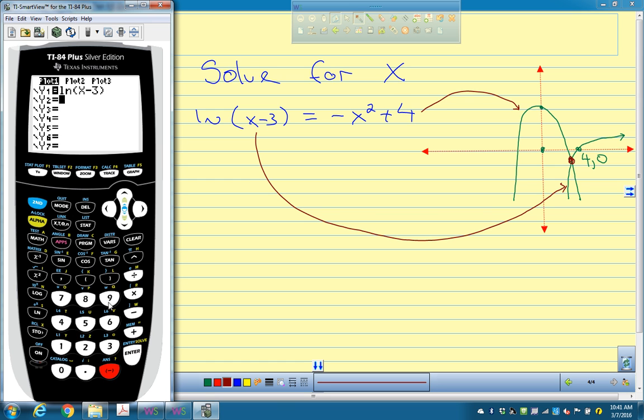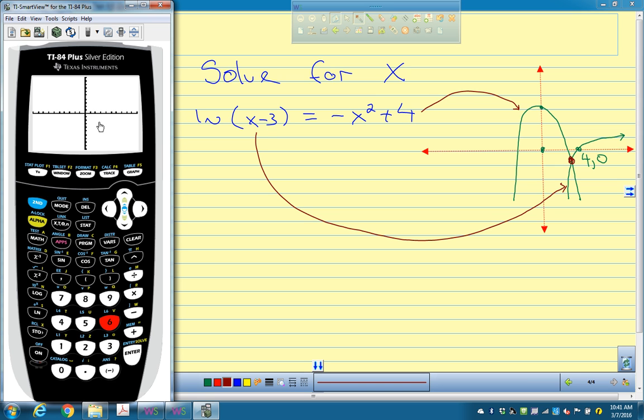It's because you don't know what your window should be or something. And y equals negative x squared plus 4. This is a pretty standard window, so I would go zoom 6, which is a standard window. And there's my log function, there's my parabola function.